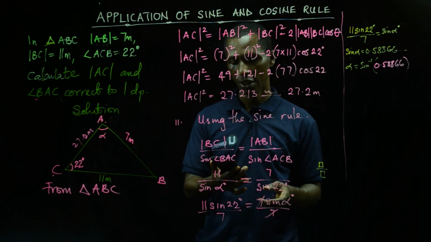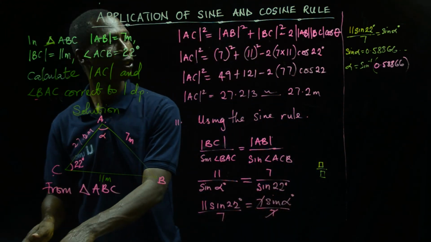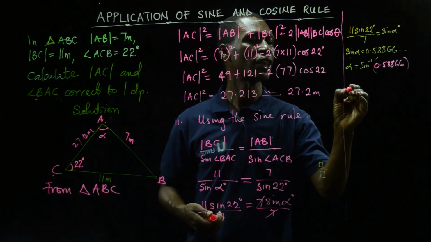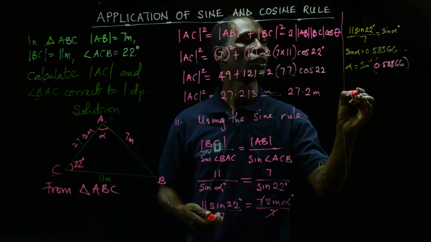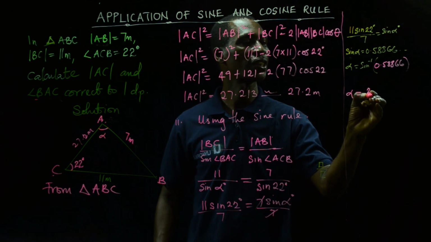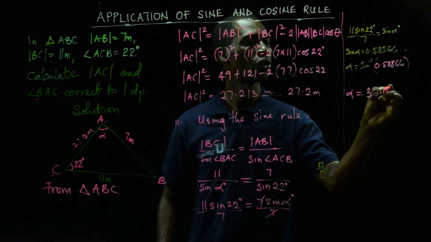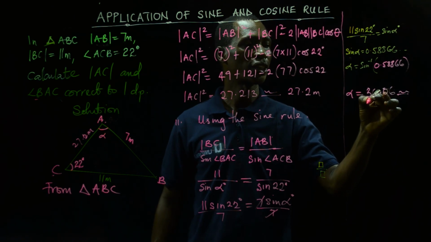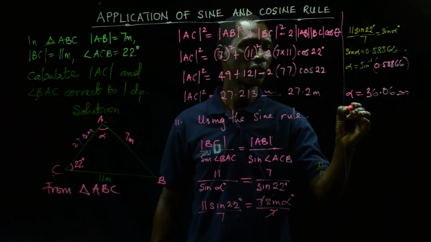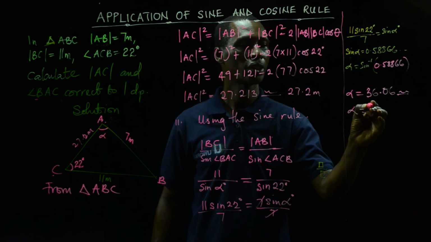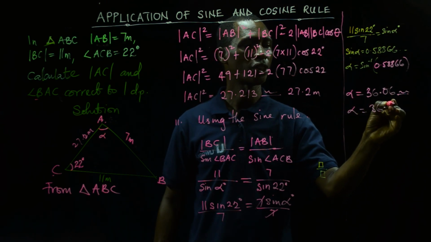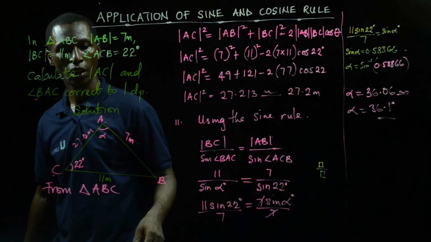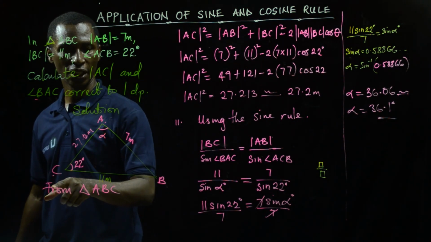You close it, and you are going to get your angle to be 36.06. So alpha is equal to 36.06. Rounding to 1 decimal place, you are going to get alpha to be equal to 36.1 degrees. So this becomes the value of the angle BAC.